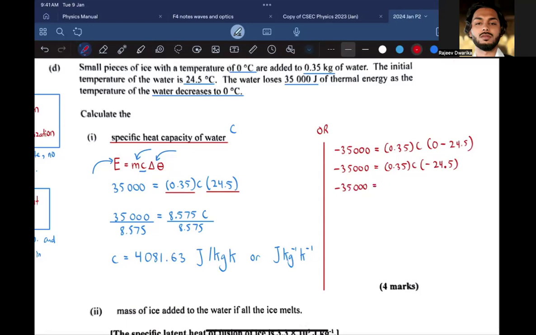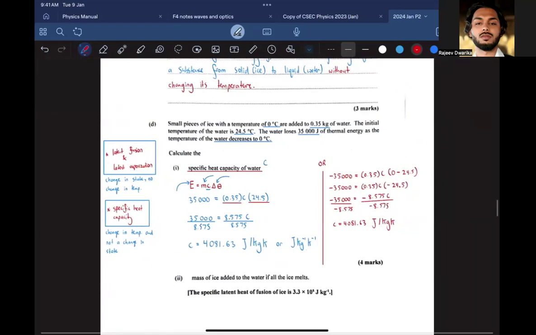When you work it out, you'll get minus 8.575 C. You would divide both sides by minus 8.575 and get the same answer, 4081.63, because the negatives cancel off. Right? Cool. Let's keep pushing.